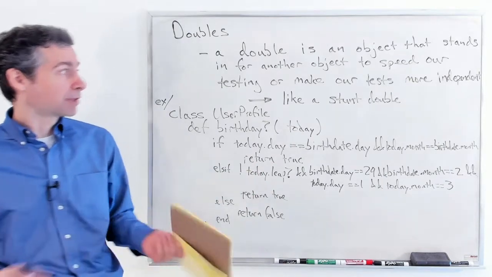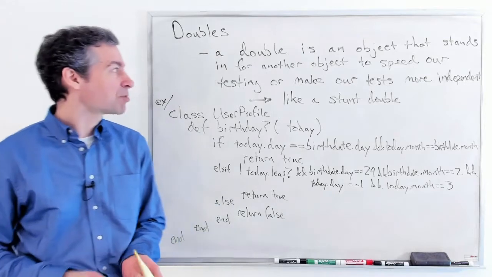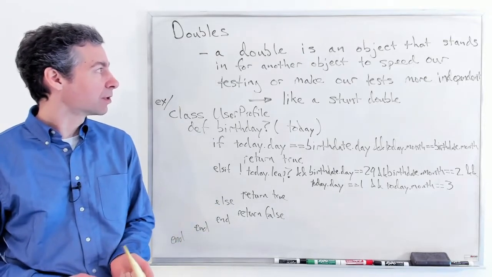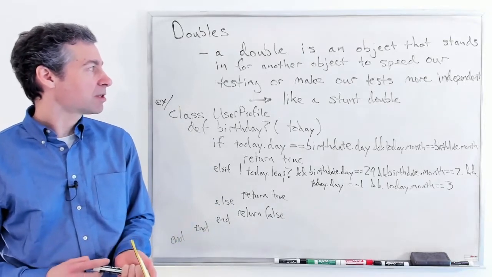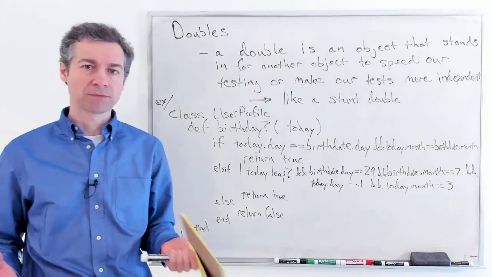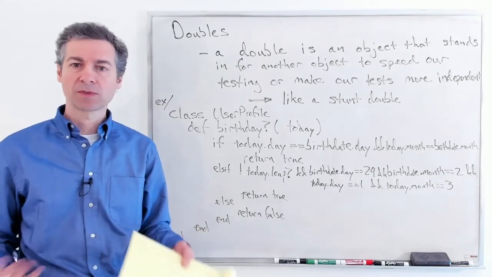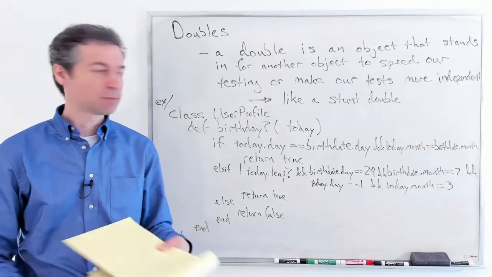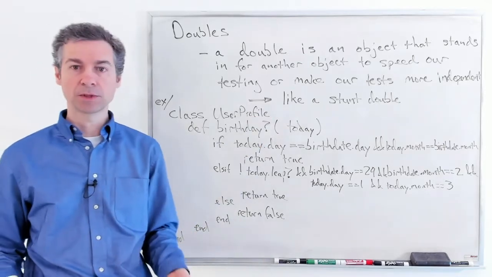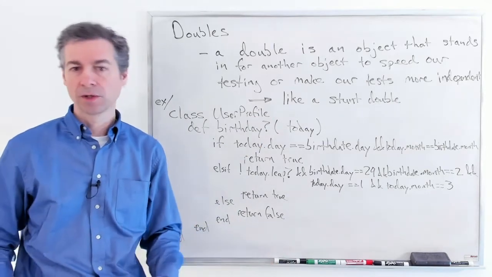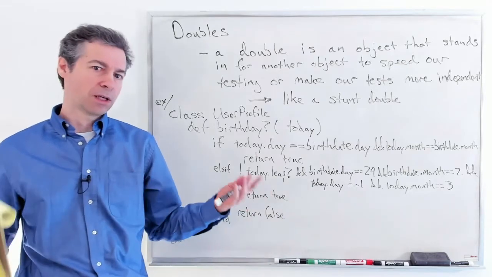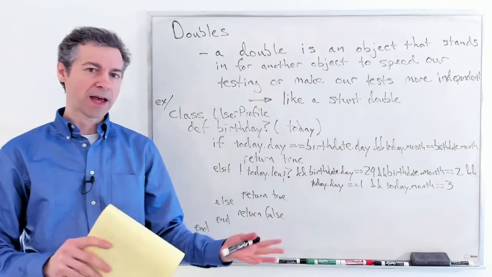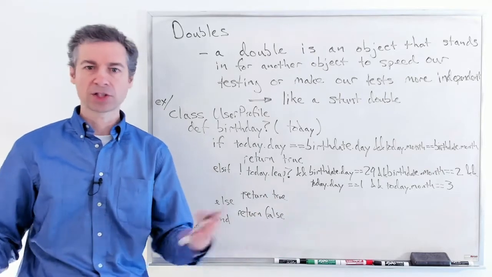A double, I'm going to read this to you, is an object that stands in for another object to speed our testing or make our tests more independent. The name double comes from a stunt double in a movie, for an actor. You have this actor, and we don't want the actor to get hurt in this action scene.